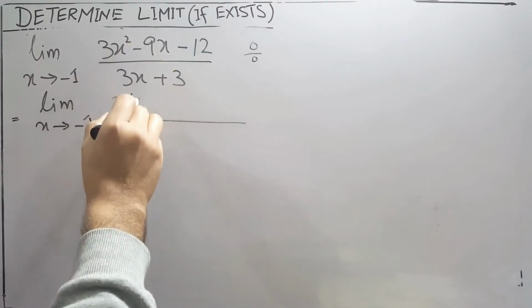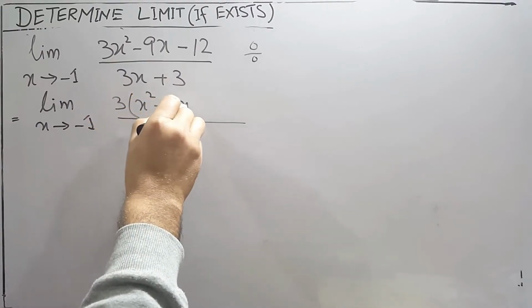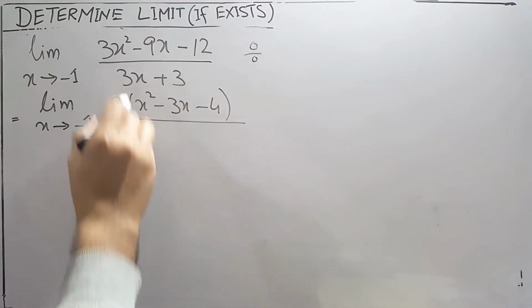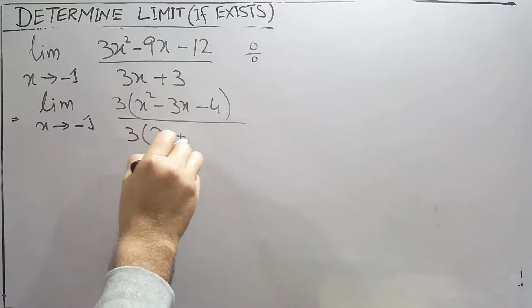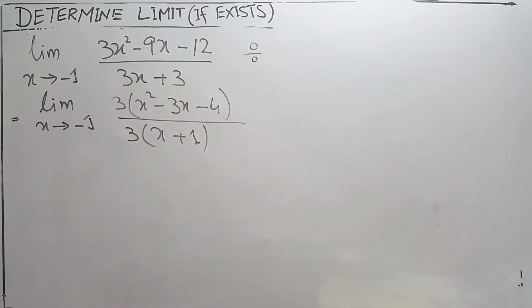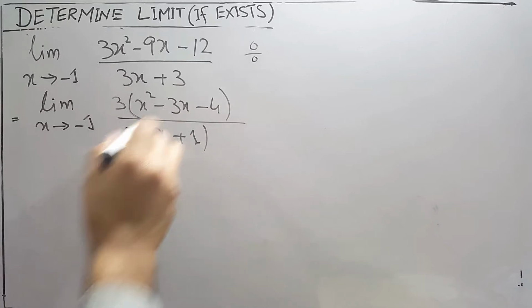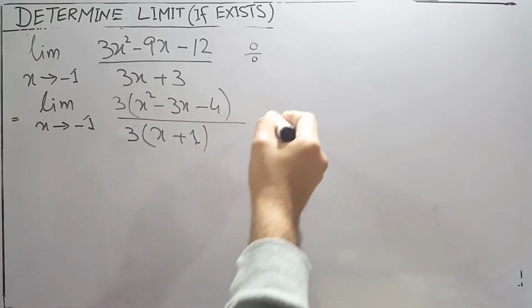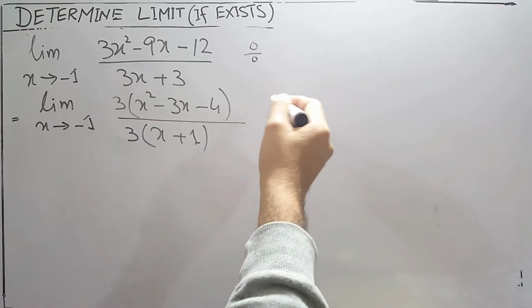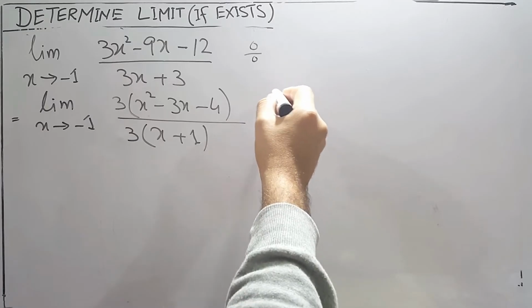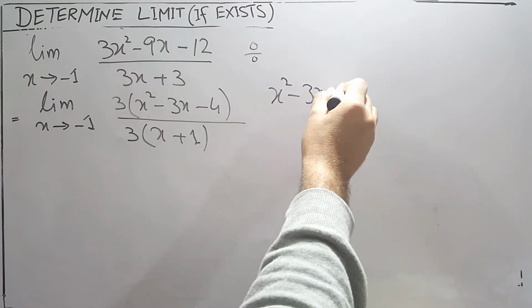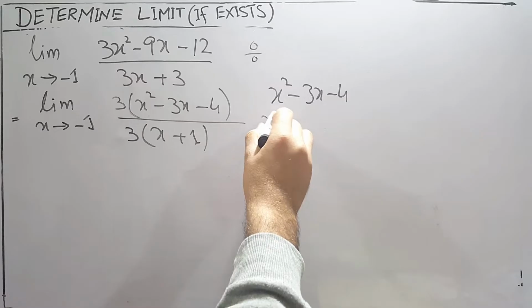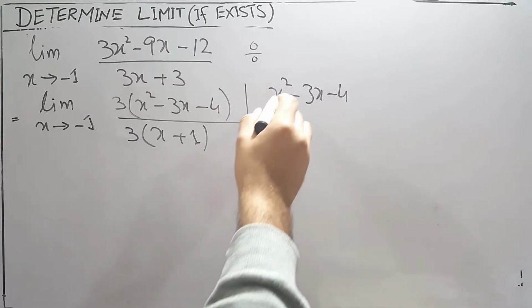So if you take common 3 from this one, this is left of this form, and if you take 3 common from this one, we are left with this one. Now this is a quadratic equation. You can factorize it with whatever method you know or you have studied. So x squared minus 3x minus 4, x squared, you can do that with x squared.